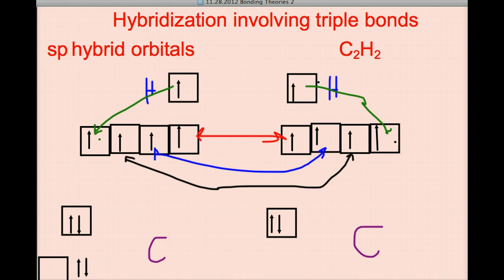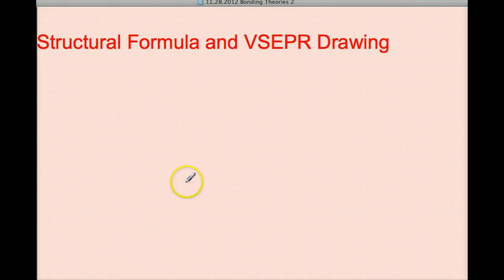So let's do the structural formula for this. I had the 2 C's with 3 bonds between them, along with the 1 H on this carbon and the 1 H on this carbon. Now let's take a look at how this picture is drawn.